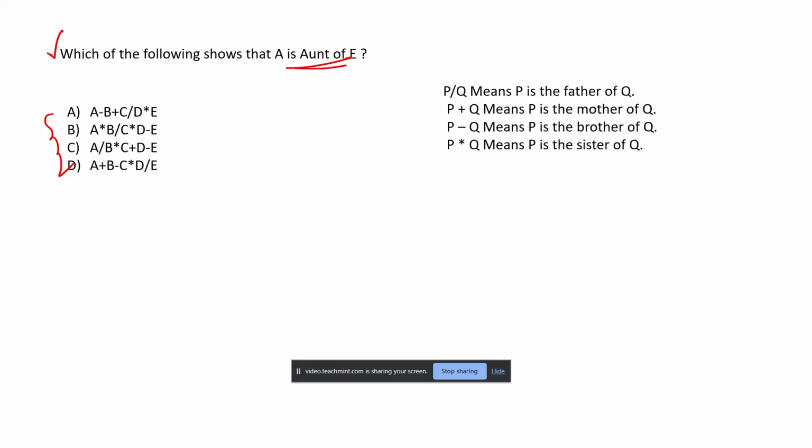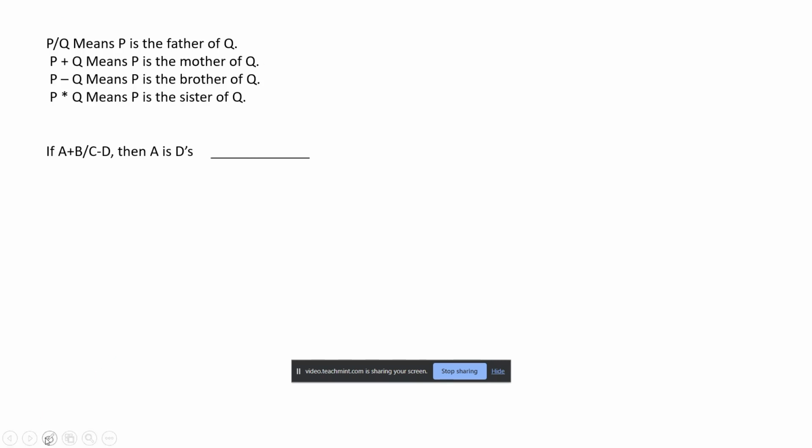Okay, chalo, I will explain it. Now see here, guys, this problem is similar to the previous one. The only difference is that instead of giving statements, he is giving you symbols. What you need to do is compare our symbols with the original problem symbols.